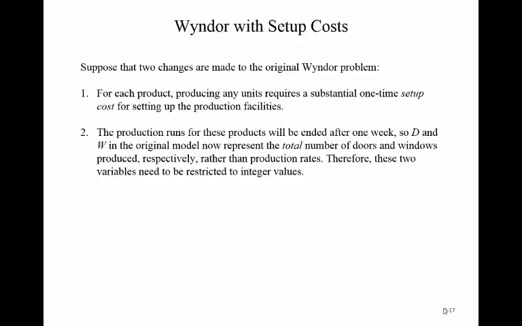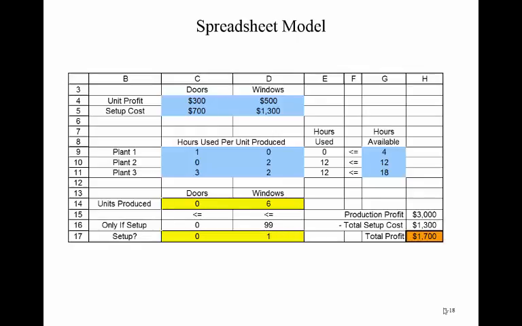So you incur that cost no matter how many doors you decide to make. And that's very different than the variable cost of making a door. So this is where you bring in these true fixed one-time costs rather than just a proportional cost that's based on the number of units.